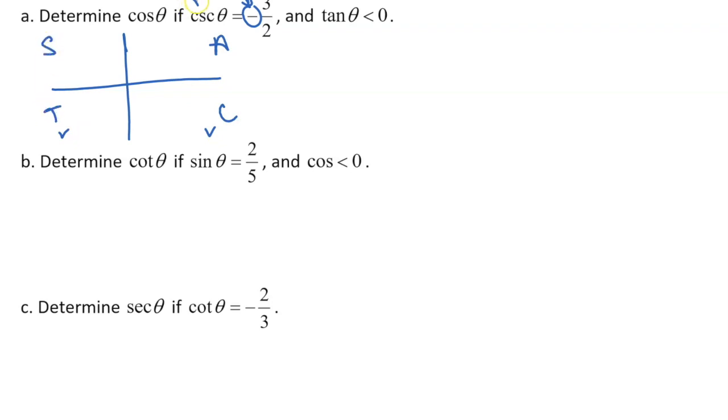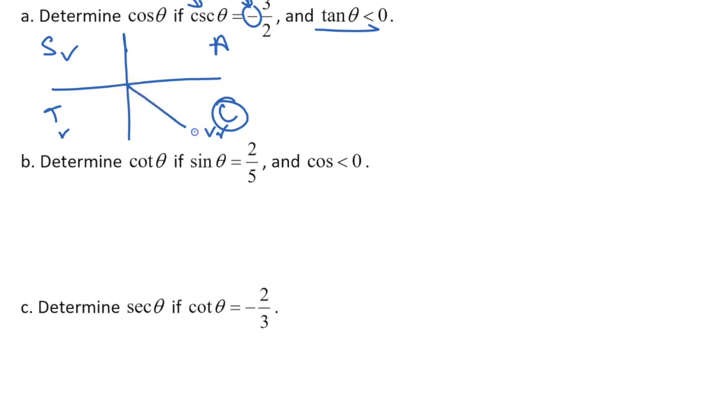Okay, that's because we have a negative sine value, or in this case, a negative cosecant value. It's telling us that tan is less than 0, so tan is negative as well, and that's going to happen in quadrant 2 and quadrant 4. So it means we know that we are for sure in quadrant 4.